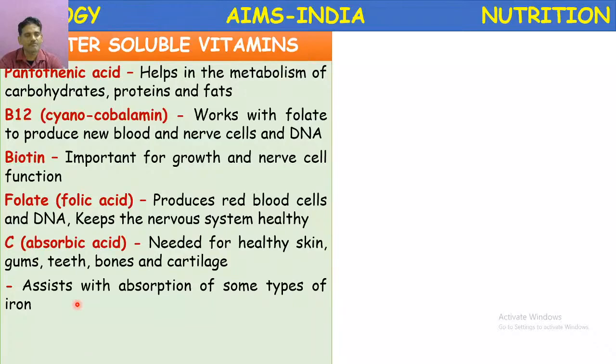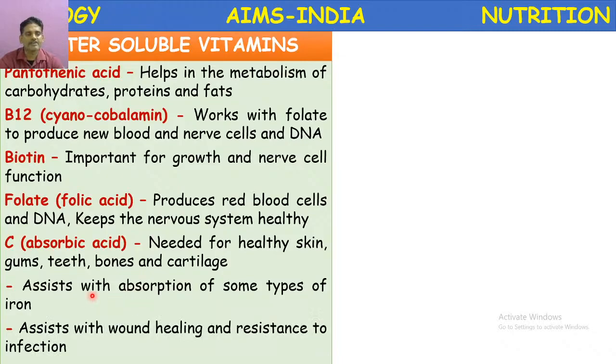The metabolism of iron depends upon the availability of ascorbic acid. As we know, iron is required for the formation of blood or hemoglobin. It also assists with wound healing and resistance to infection.